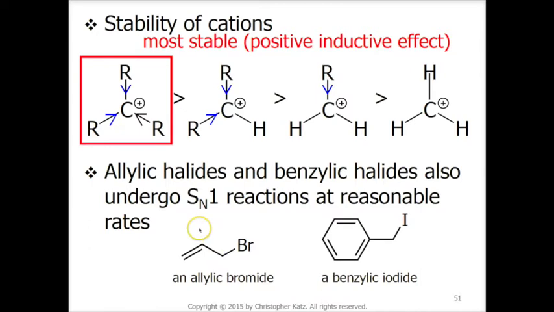And here's your stability of carbocations and so forth. But here's the one thing though, right? Here's what we had from before showing you the stability of carbocations. But allylic halides and benzylic halides undergo SN1 reactions at reasonable rates. This guy here is a primary species, as is this benzylic.